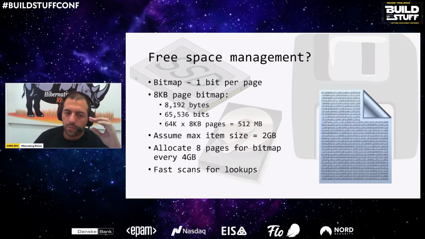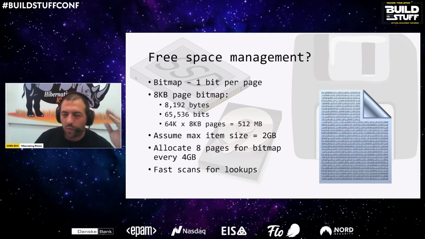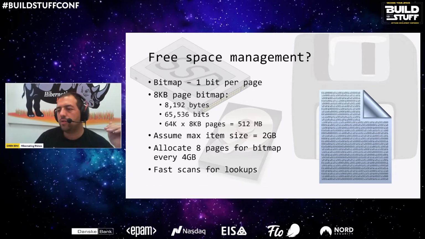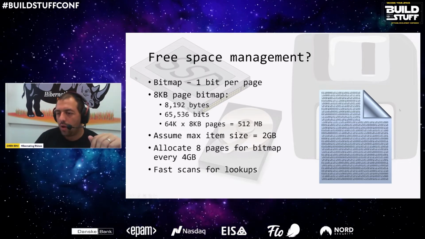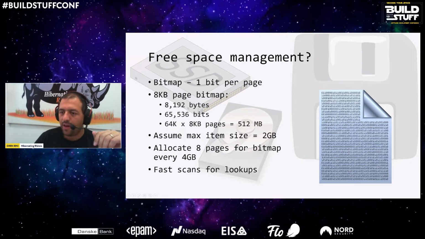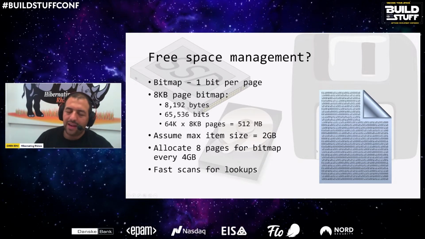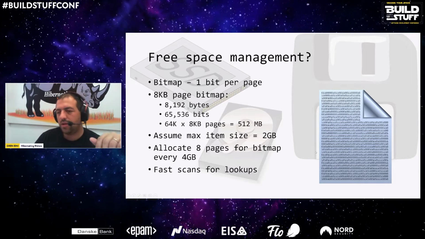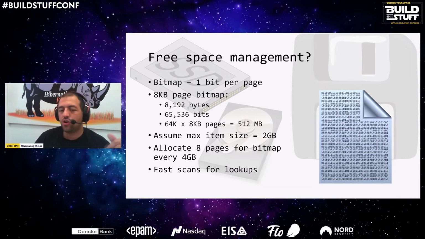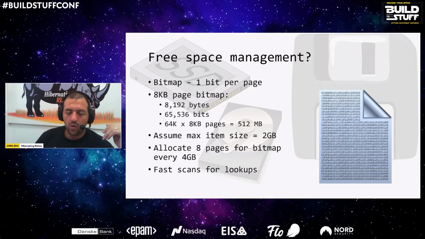It opens you up to all sorts of edge cases. What happens if I'm running near maximum disk utilization, I have a hole in my data file, I'm trying to write to it, and it's really hard to understand whether I can allocate this space or not? Am I actually going to?